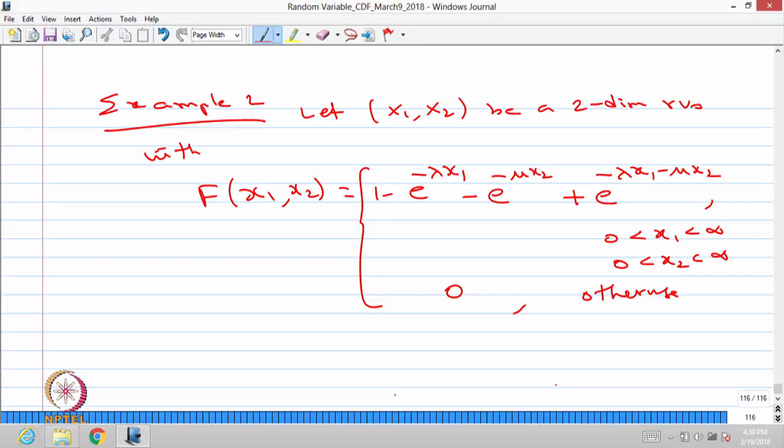Therefore, properties 1 and 2 are easily satisfied. For different values, one can verify that the third property is also satisfied. Therefore, one can conclude this is the CDF of a 2-dimensional random variable.